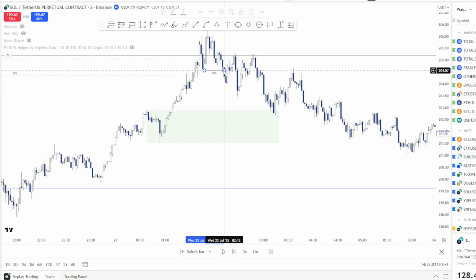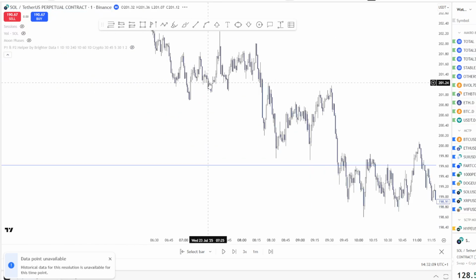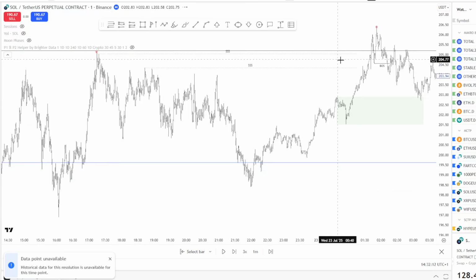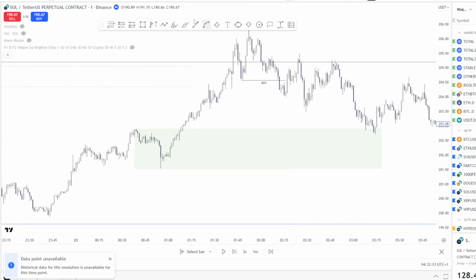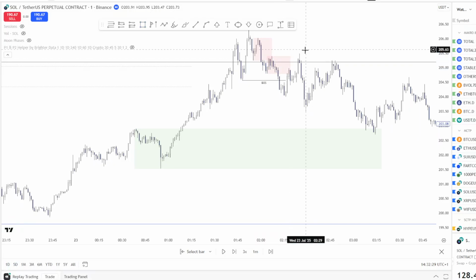And here, well, let's see, we got some supply that I did not see. And here some more structure supply that we mitigated.